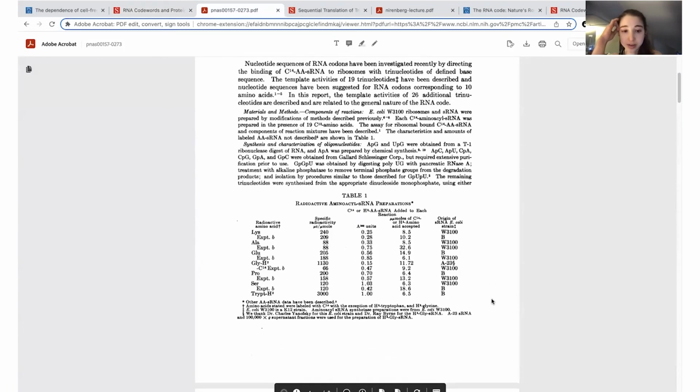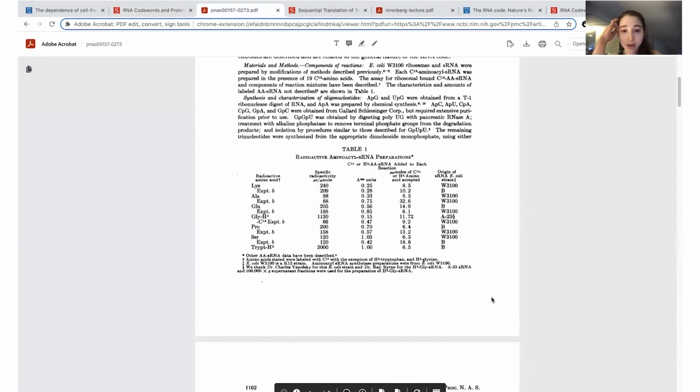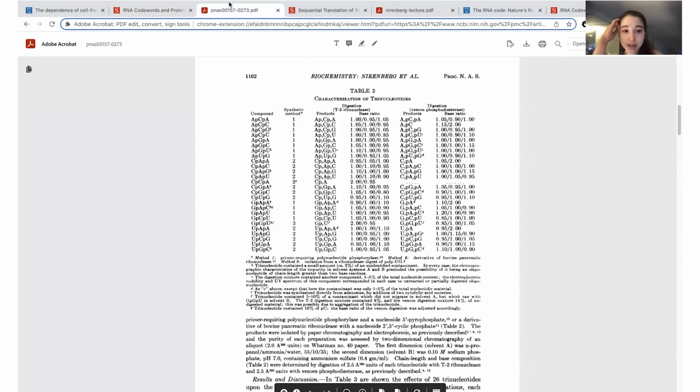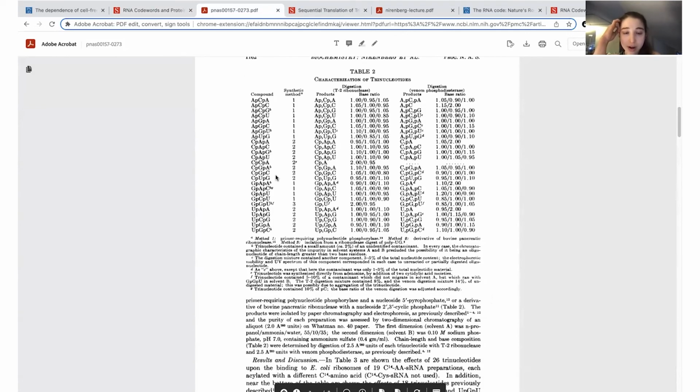And so here we're seeing them describe some of all of these different experiments that they did, testing all of these different trinucleotide combinations. You can see that they use different synthetic methods. So some of them were a ribonucleotide digest of the poly-UG. Some of them were the isolation, some of them were polynucleotide phosphorylase with the two sequences and various things.